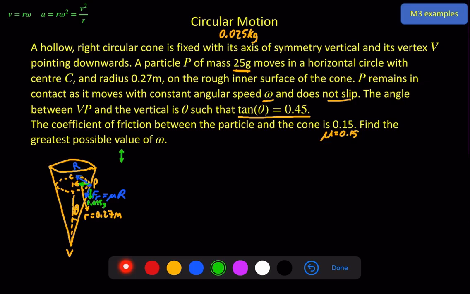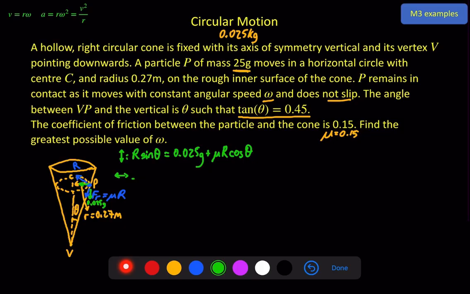Vertically, we've got a component of R, and that is R sine theta, equals the weight plus the downward component of friction, mu R cosine theta. So you can see this is getting a little bit more complicated than usual.